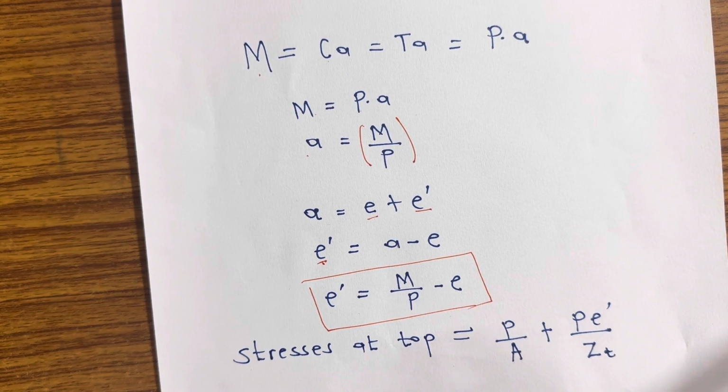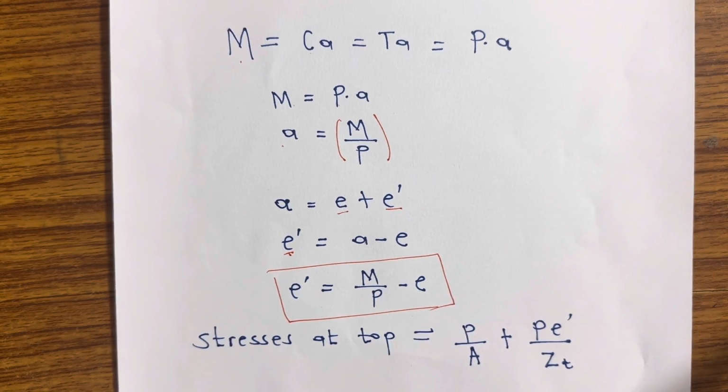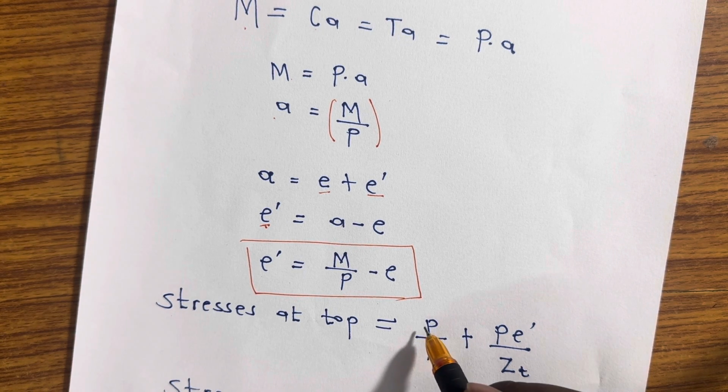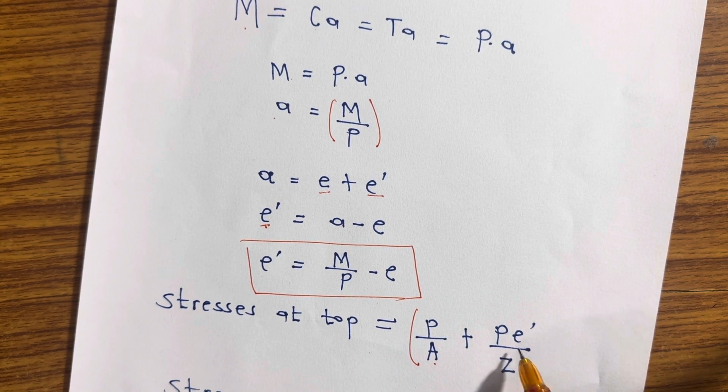Now, we have the stresses that will be attained at the top of this beam, then at the bottom of this beam. At the top, we have the summation of stresses due to direct stress, that is P by A, and that due to prestressing force, that is P e dash by Z_T, the section modulus at the top.